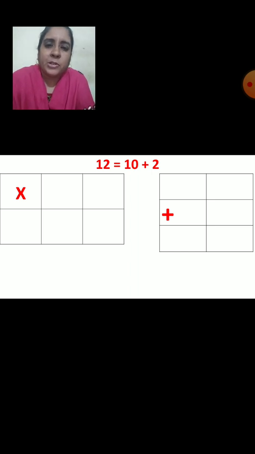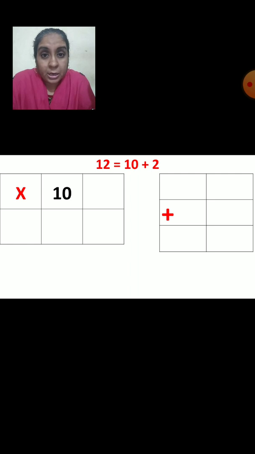So, after drawing this column, how are you going to write it? First, you have to put the sign of multiply. Then, which number will come? First, you will write the breakup of 12. So, you will write 10 in one column, 2 in the next column, and you have to find how many bananas in 8 dozen.